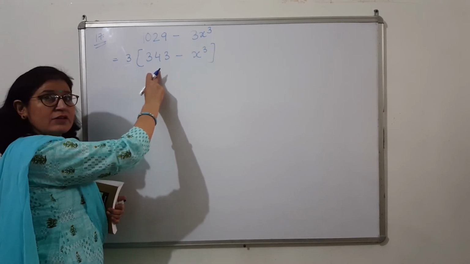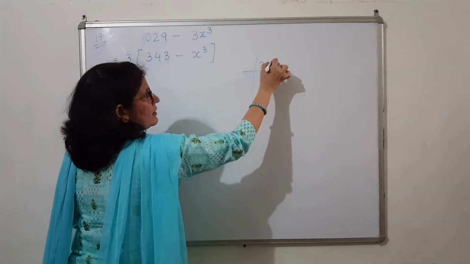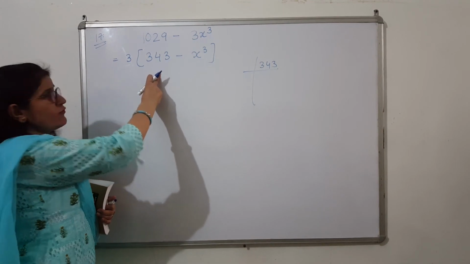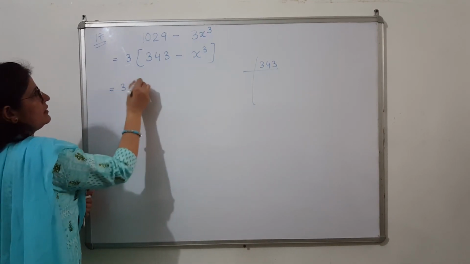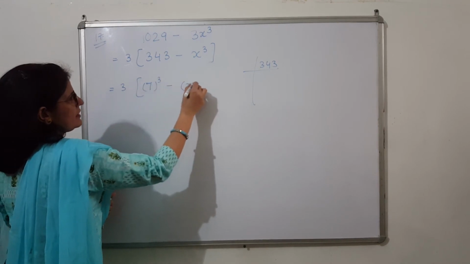We multiply 7 three times. Otherwise you can factorize it by prime factors and then change it into cube form. So 3 into (7 cube minus x cube).